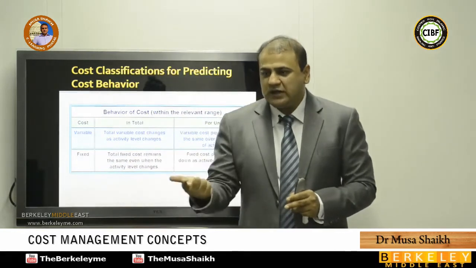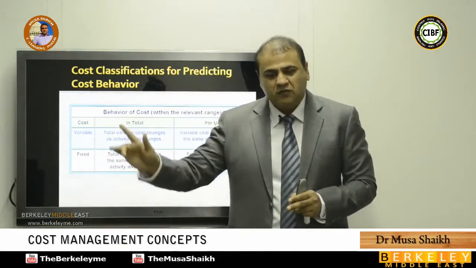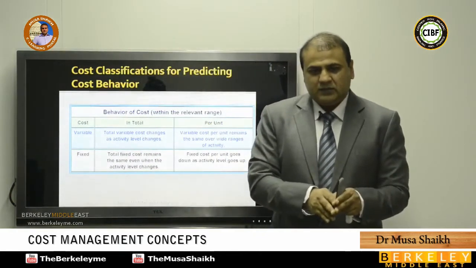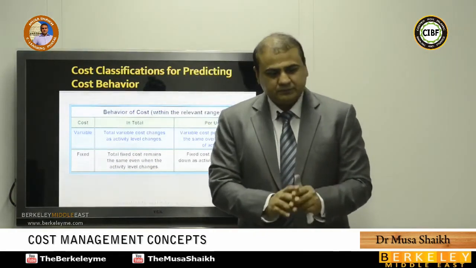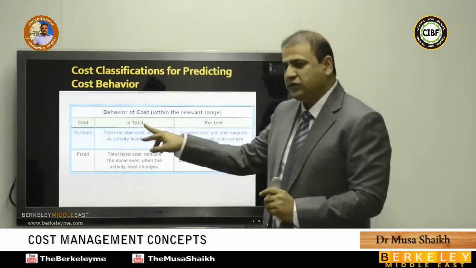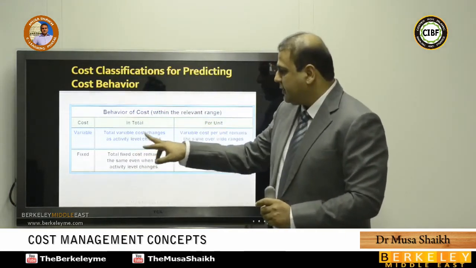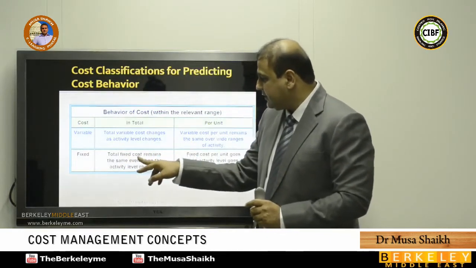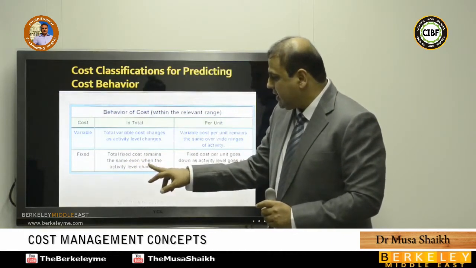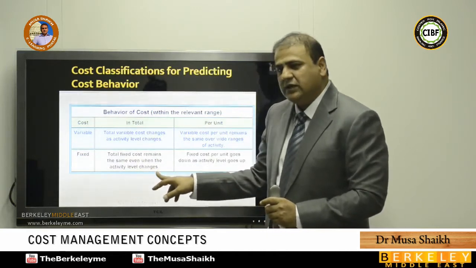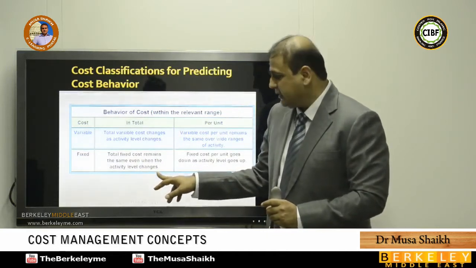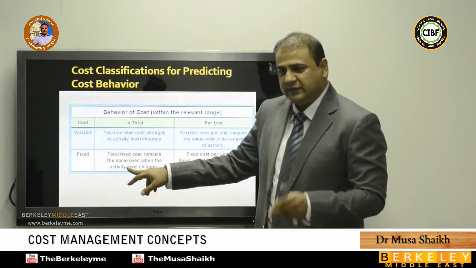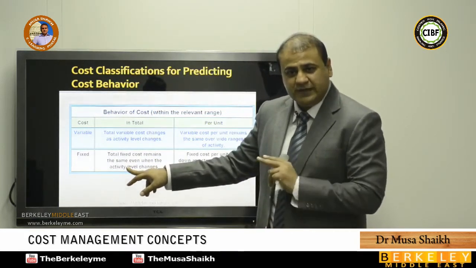You produce 1 unit or 1 million units, fixed cost, for example rent, will remain the same. This is the behavior in total: total variable cost changes as activity level changes. Total fixed costs remain the same even when the activity level changes. The name shows fixed costs remain the same.